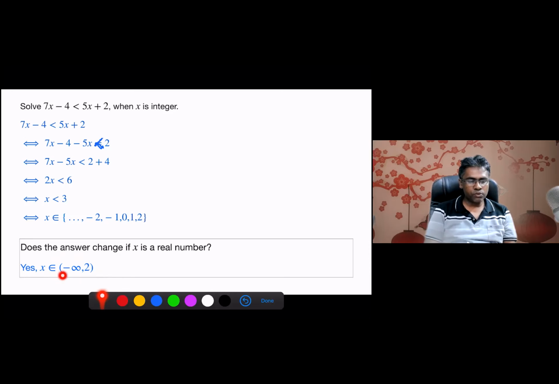Minus infinity, comma 2. That means all the numbers less than 2. So all the decimal values, all such numbers like minus root 2, minus root 5, all those irrational numbers will be part of the solution set.